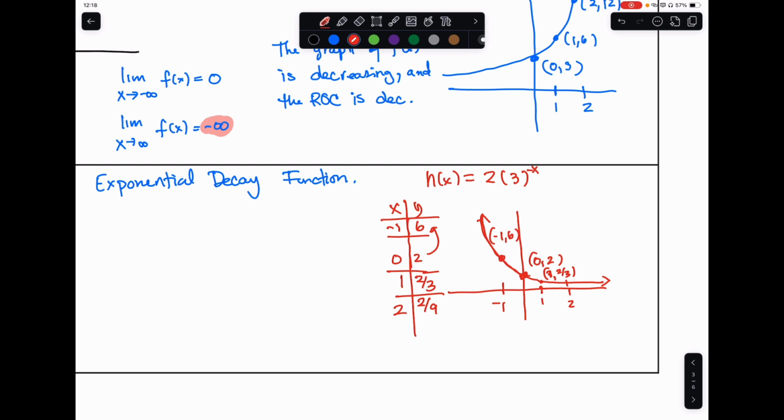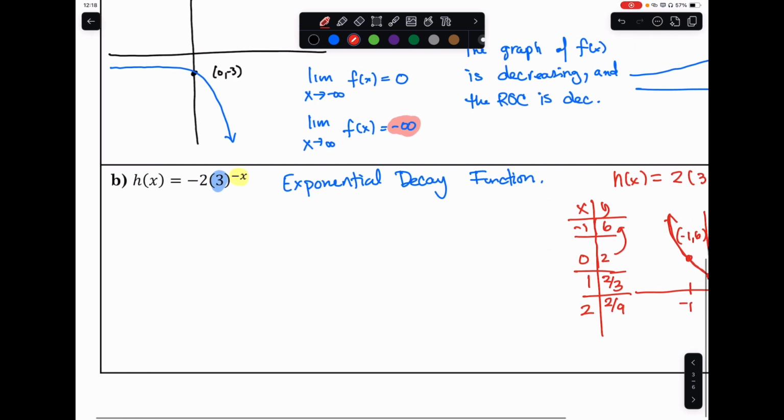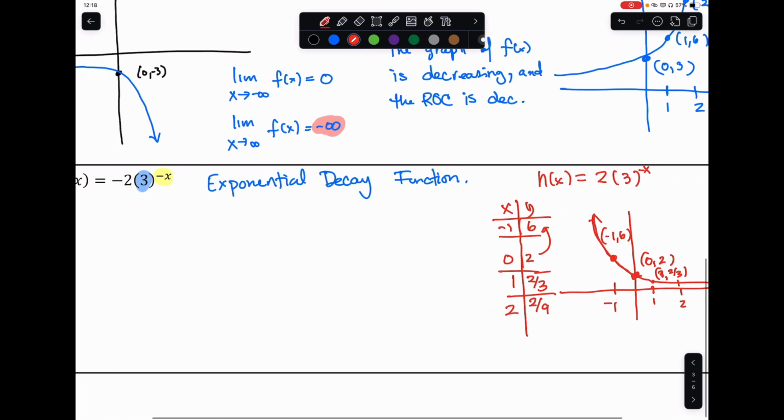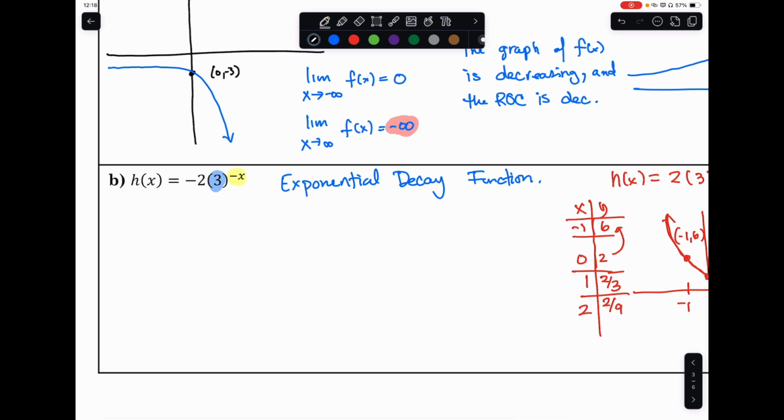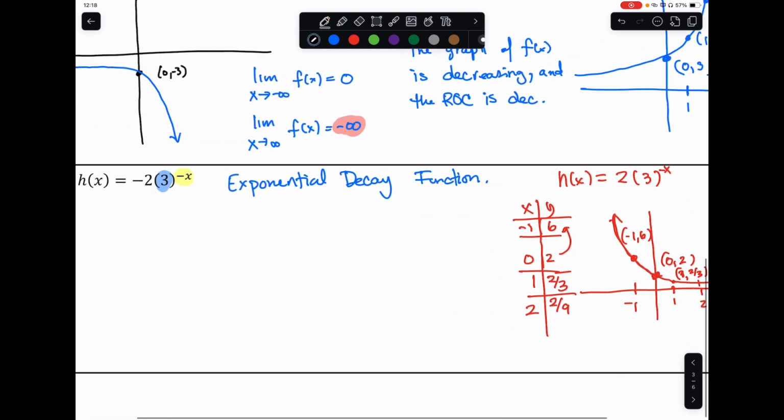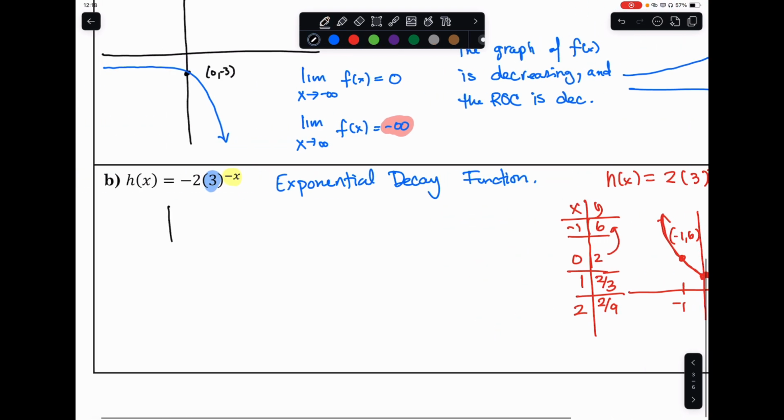So let's look at the reflection of this. Well, the reflection of this is simply going to put this graph below the x-axis, so below our horizontal asymptote. So the graph of this function would cross the y-axis at (0, -2), not 3, -2.